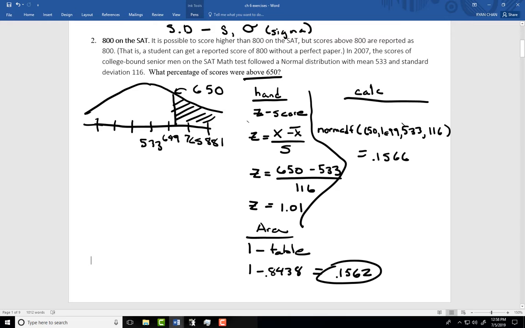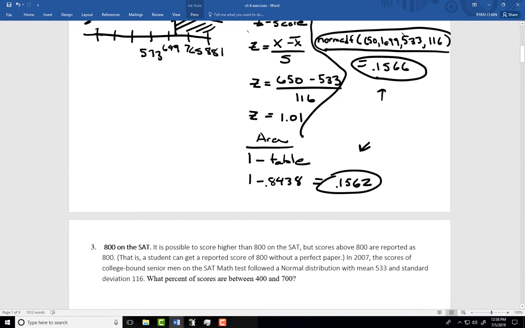So again, you will have some small differences between using your calculator versus doing it by hand. Either one's fine. And if you're using your calculator, you must write what you're putting onto your screen. You can't just throw in some random number and call it a day. You have to show your work for that.